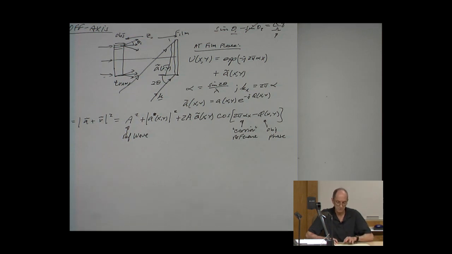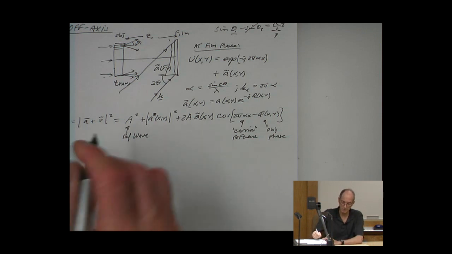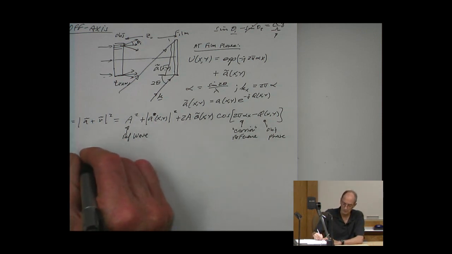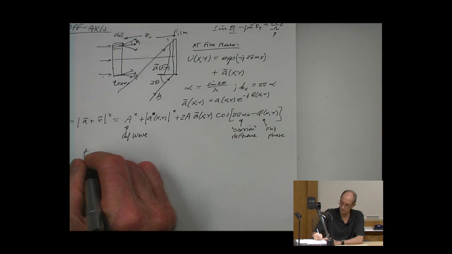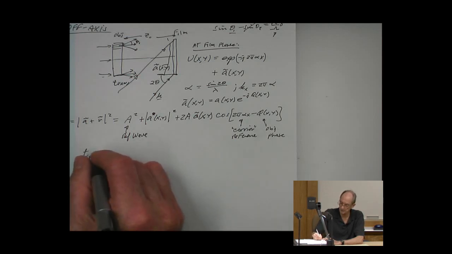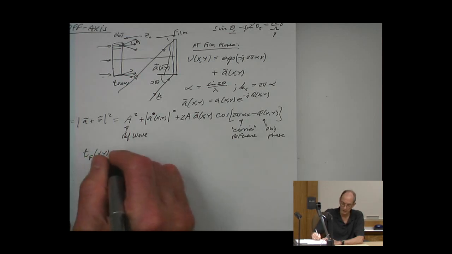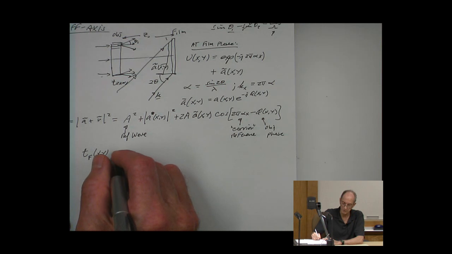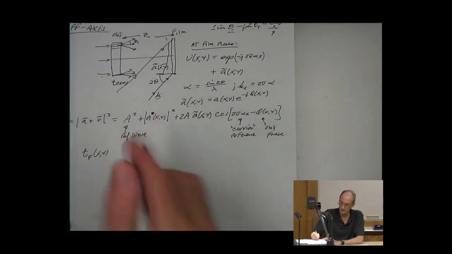All right? So again, this is our intensity, and then of course we can make an object or film transparency, hologram transparency, T sub f of xy, by processing the film.